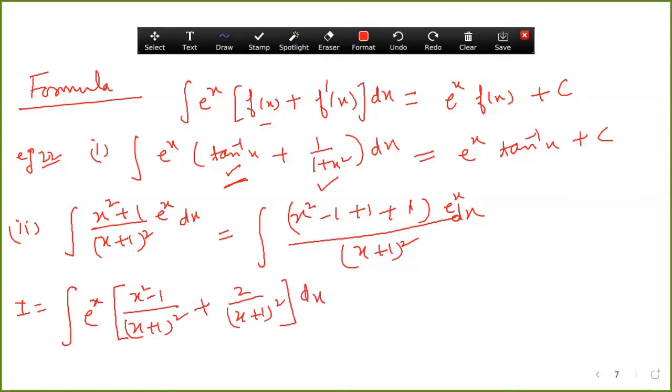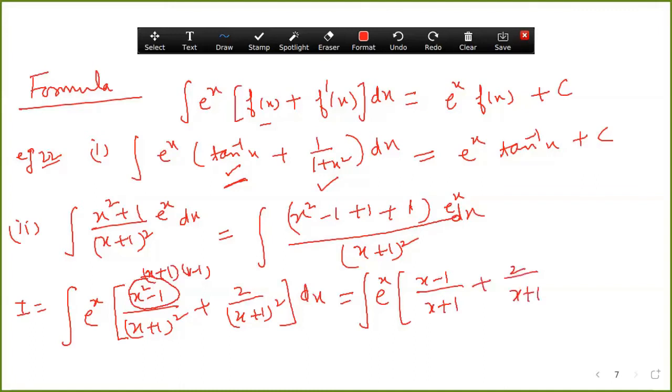Now you can see here which one is f x and which one is f dash x. Before I proceed, I have to simplify it first. Here x square minus 1 can be written as x plus 1 into x minus 1. So one power will be cancelled, only x minus 1 upon x plus 1 is left here, like this.